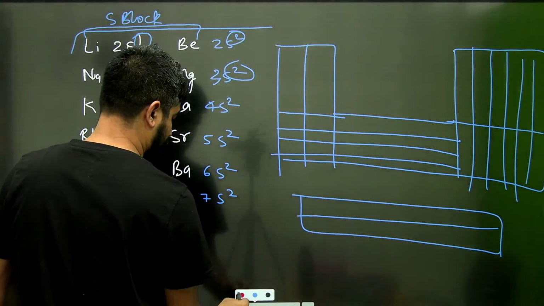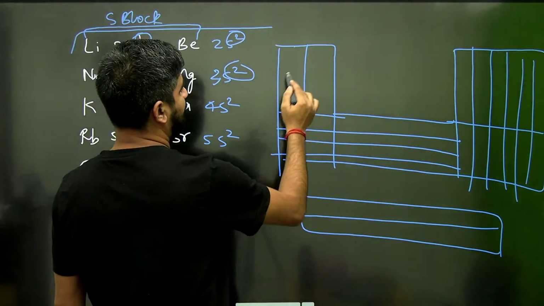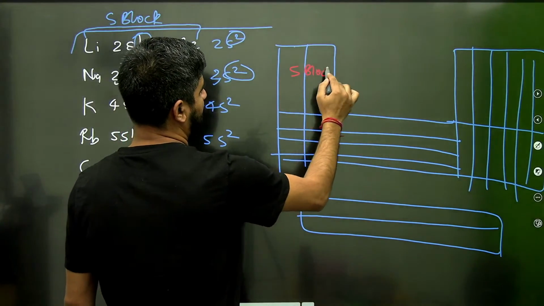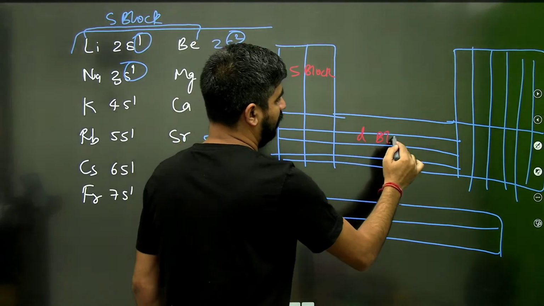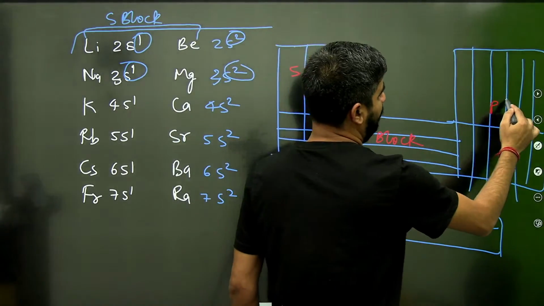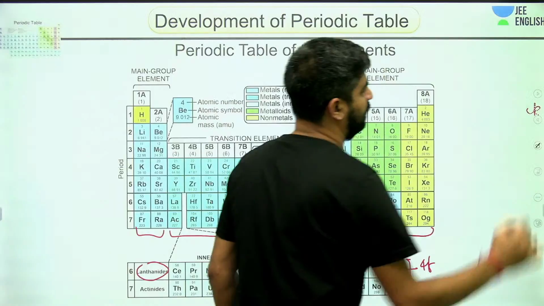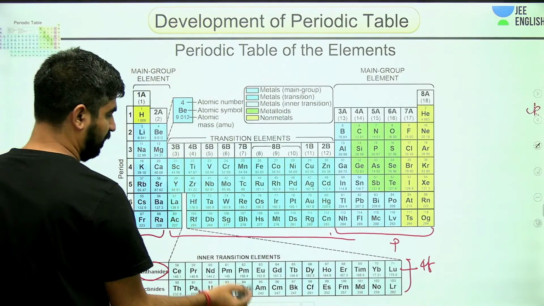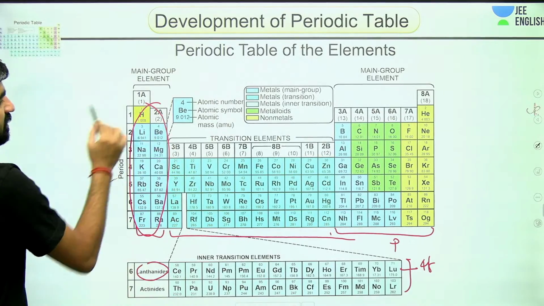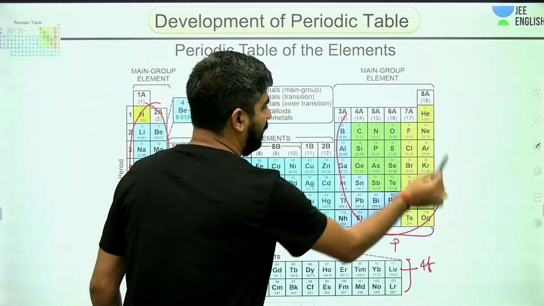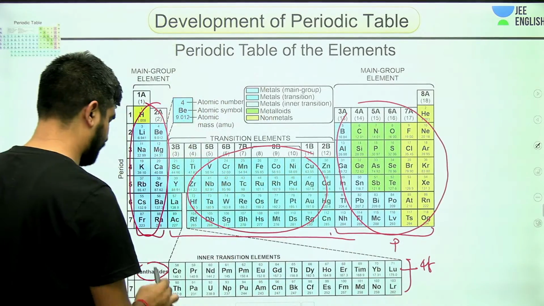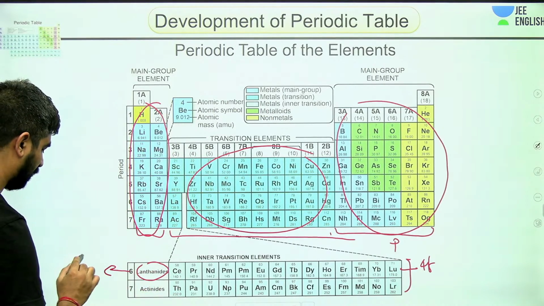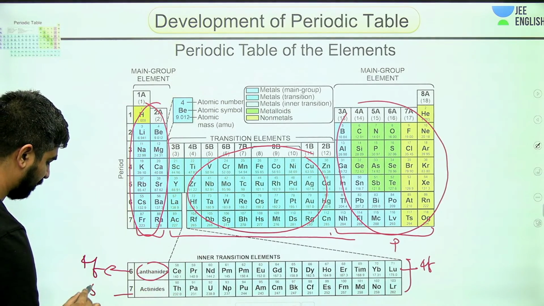Okay, so here I can say S block, D block, P block, right, guys? So SPD. Now let me show you, guys. This is S, these are P, and these are D block. These are F block, and we call it 4F, we call it 5F.